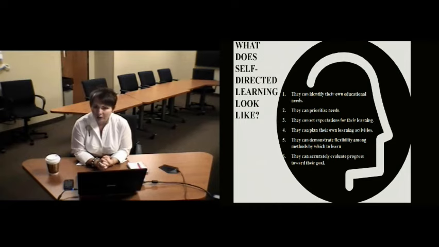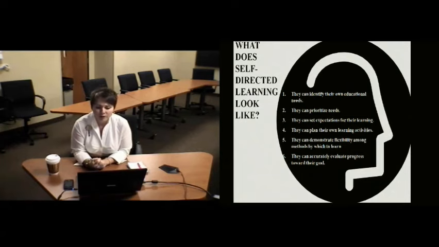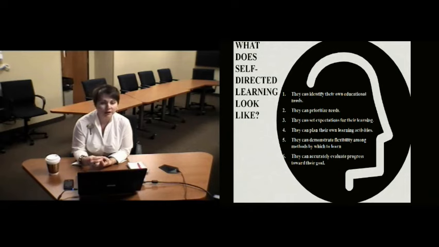Number 2, not only can we identify our needs, but we know how to prioritize them, meaning we know what the critical path of learning is. Number 3 is we can set our own expectations of what that learning needs to be and what it needs to look like and how it needs to occur, which means we know what type of learners we are, whether it be kinesthetic, auditory, or visual.